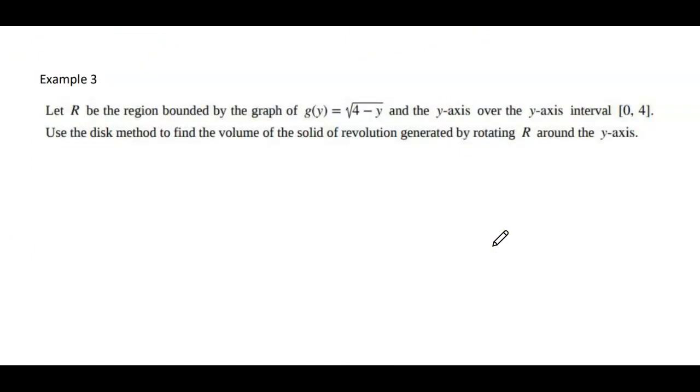All right, one more example for us here. Let R be the region bounded by this g of y function and the y-axis, and I want to go from 0 to 4. So let's go ahead and graph this. Sometimes I find it easiest to think about this as if this was x equals this function, and so I squared both sides.